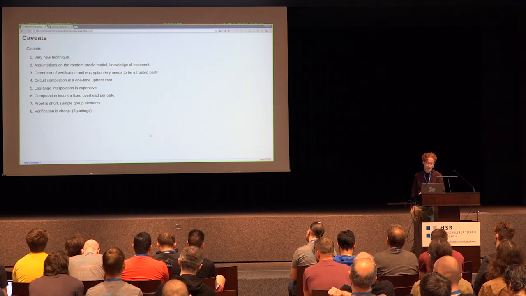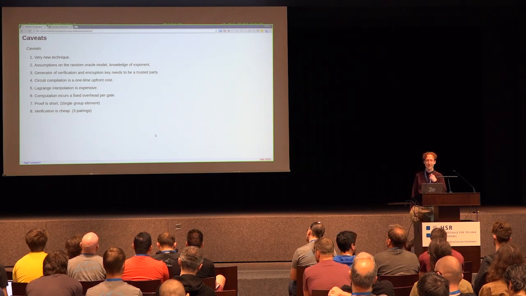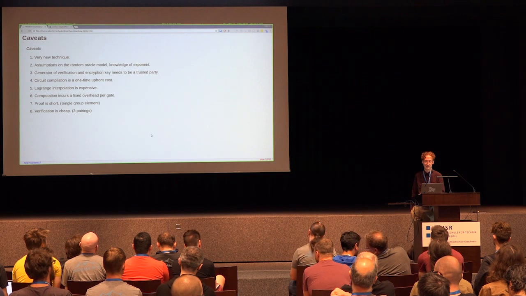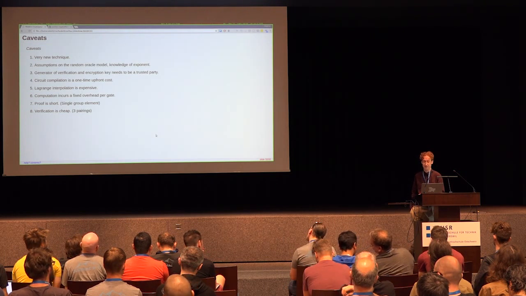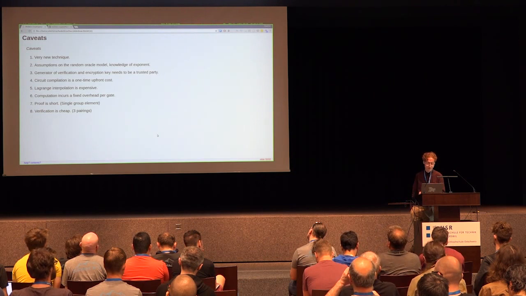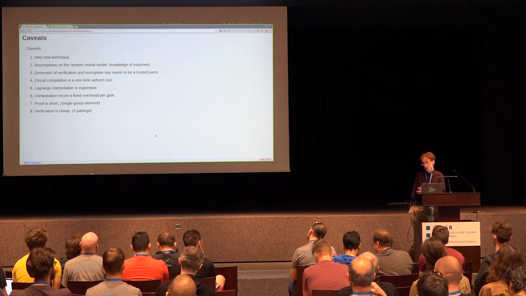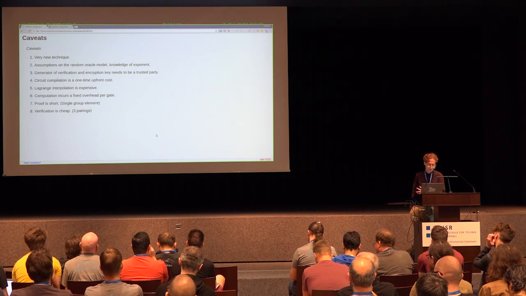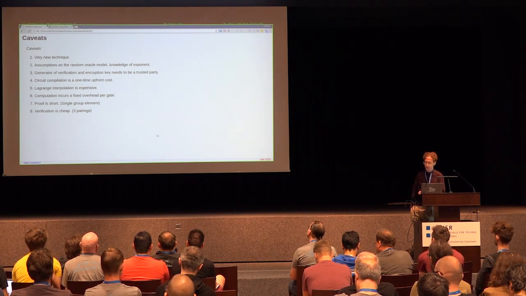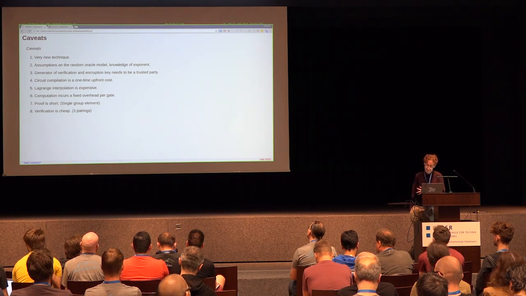The circuit compilation time for a very, very large program, like say an implementation of SHA-256 compiled into a representation of gates, is actually non-trivial. It involves millions and millions of these gates. You can do it, but it is an upfront one-time cost. The interpolation function that the prover has to do is expensive.